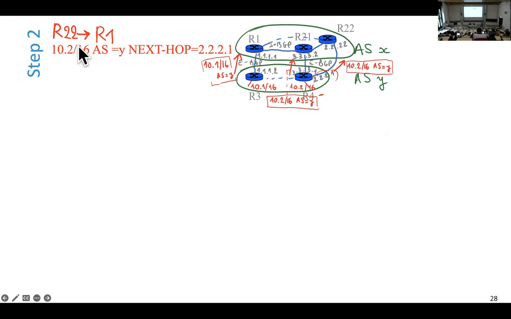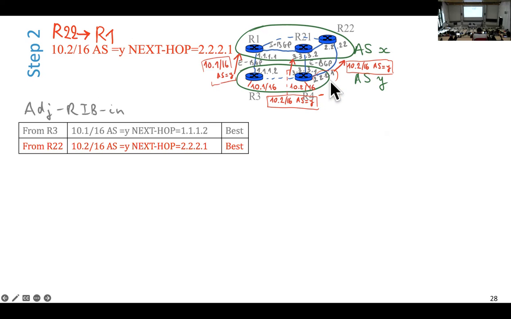R22 sends to R1: I know a path to this network prefix, and the next hop is 2221. Imagine that this route passes the import filter of R1, and it will be written in the RIB of R1. I have received from R22 over IBGP a path to this new network prefix, and the next hop is 2221. That becomes, again, automatically the best route.